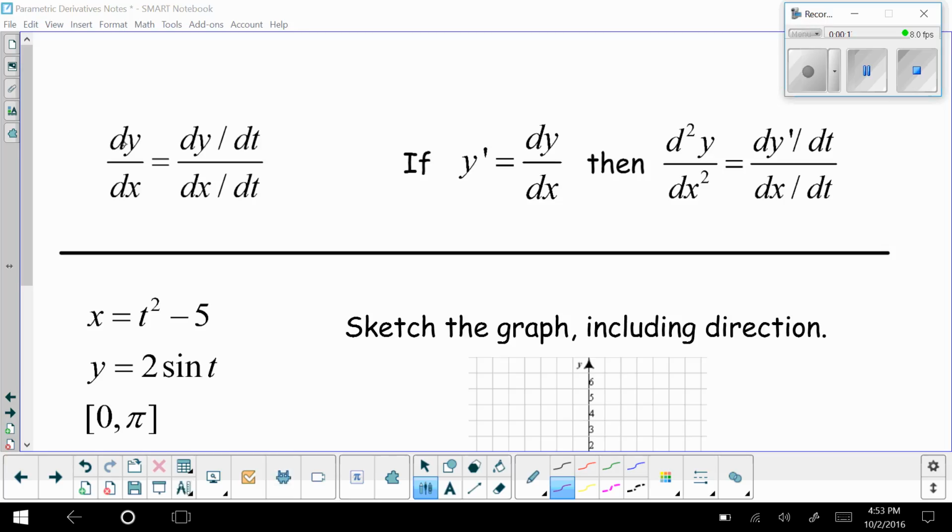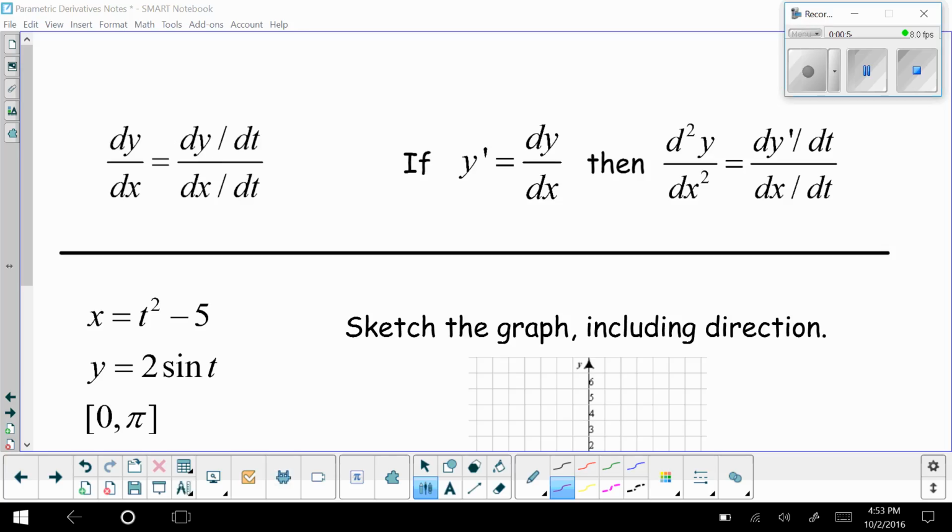In that, dy/dx, in other words the derivative of y with respect to x, which would be the slope of my curve on the xy coordinate plane, is going to be the derivative of y with respect to t, because y is given to us in terms of t, divided by the derivative of x with respect to t, because x is also given to us in terms of t. It's a way of dealing with the fact that algebraically x and y are both dependent on t, but graphically there is no t on my graph.